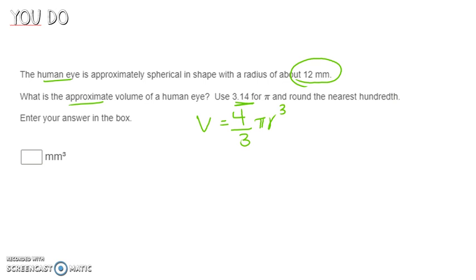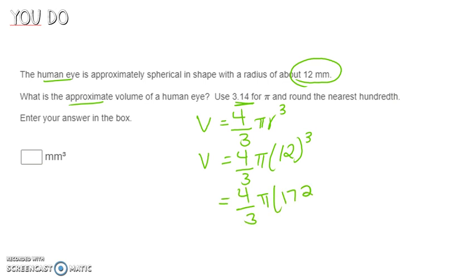All right, let's plug in our radius. So 4/3 pi, we are going to be cubing 12. Remember, that is 12 times 12 times 12. 12 cubed is 1,728. And remember, we are going to be taking 4/3 of that. You could think of this as multiplying it by 4/3, or multiplying it by 4 and dividing by 3.